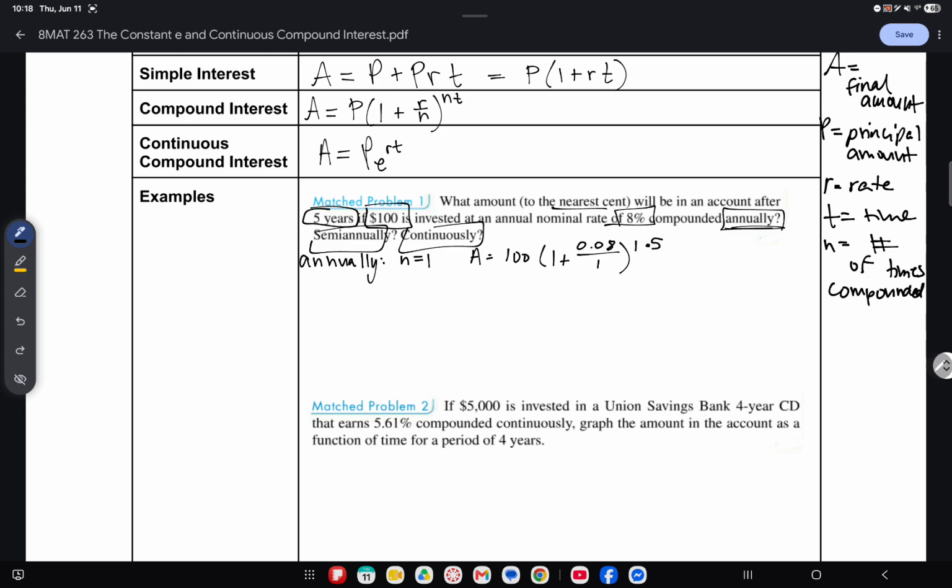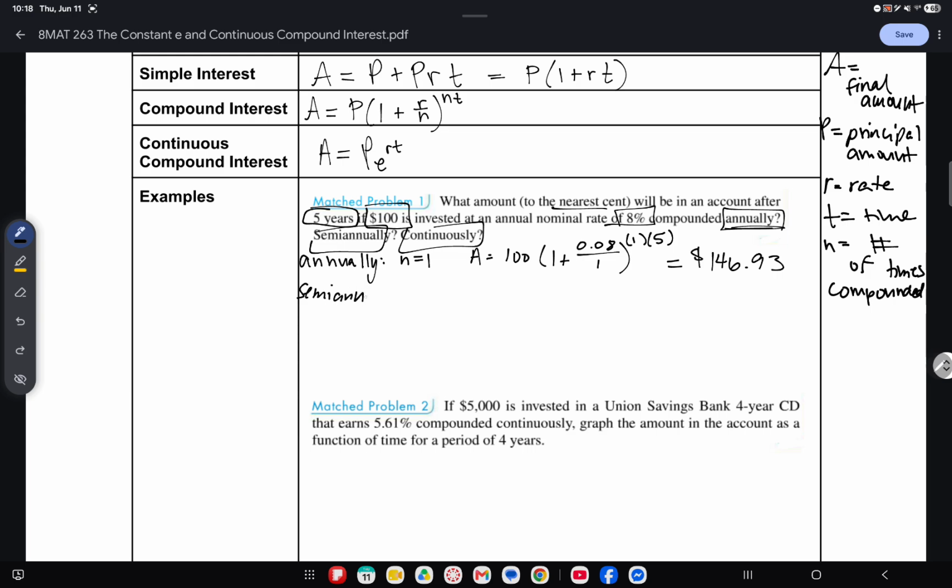So I'm going to plug this in, 1 times 5. So 1.08 raised to the 5th times 100 is going to give me, and it's to the nearest cent because we're in money, 146.93.